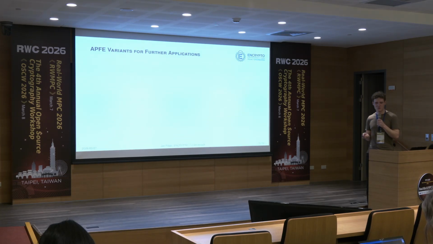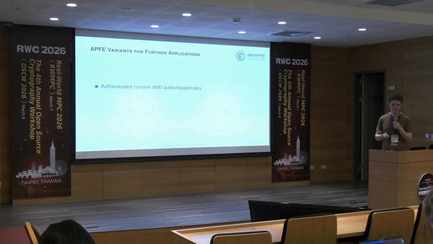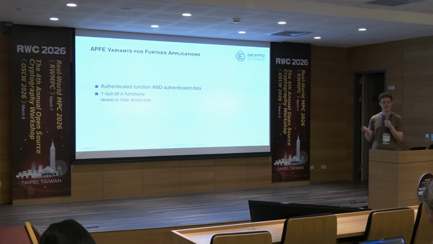Okay, now I want to show you some more opportunities with our approach. We can not only achieve authenticated PFE, but we can also authenticate the inputs by the client, so also achieve authenticated data. We could authenticate one out of n functions, such that the company provides more than one function, and the customer can be sure that at least one of these functions is evaluated.